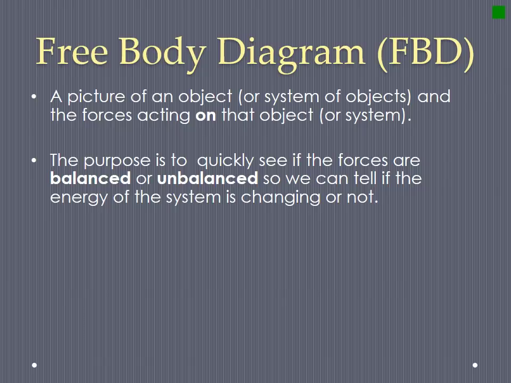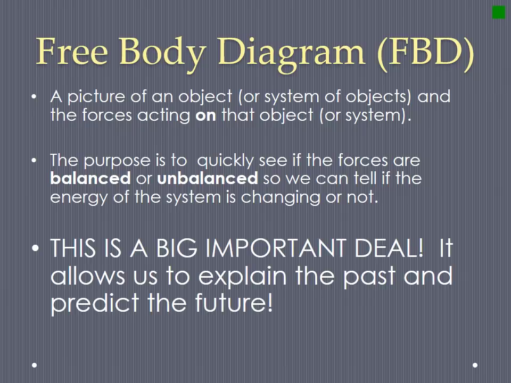We use them to quickly see if the forces are balanced or unbalanced, so we can tell if the energy of the system is changing or not changing. This is a big important deal. It allows us to explain the past and predict the future.